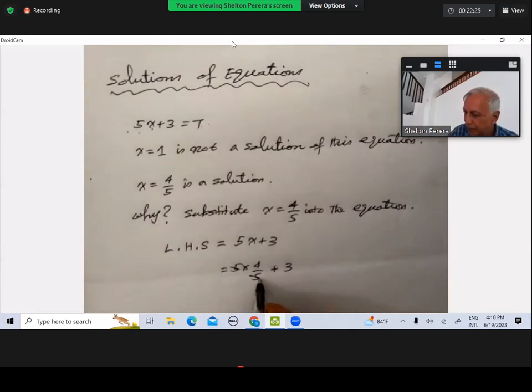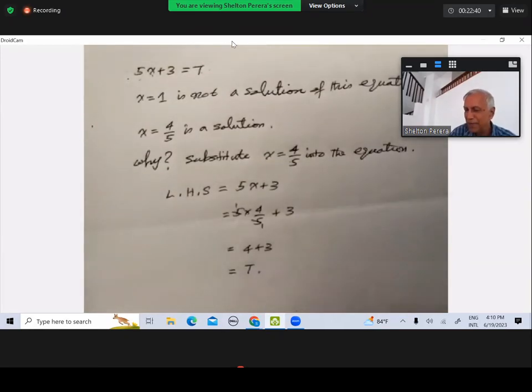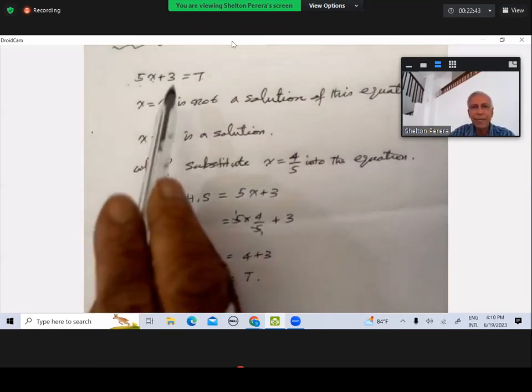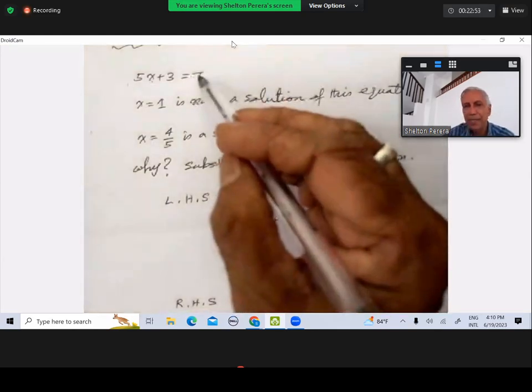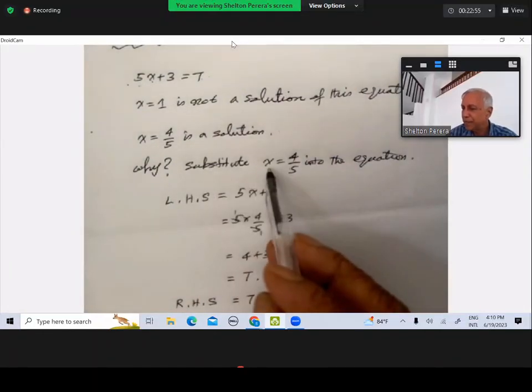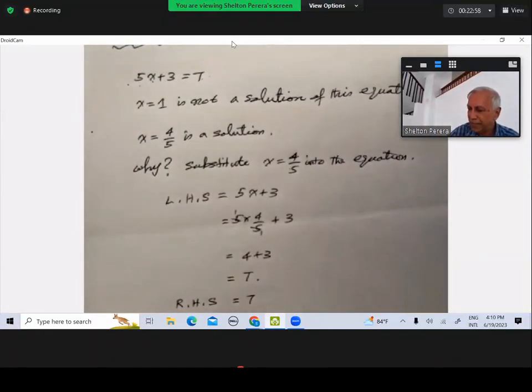The 5 and 5 cancel, common non-zero factors of the top and the bottom, so this is 1 and 1. So 4 plus 3, I do it in a very elementary manner, is 7. The right hand side, RHS, of the equation is also given to be 7. So x equals 4 over 5 satisfies the equation. That is what we mean by satisfies.